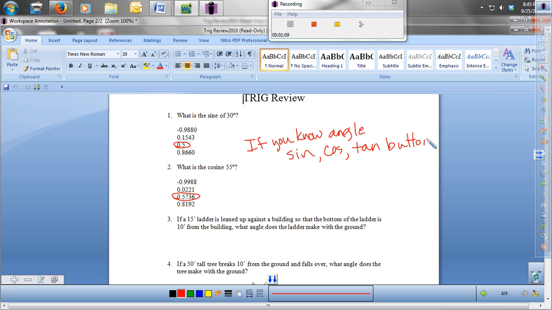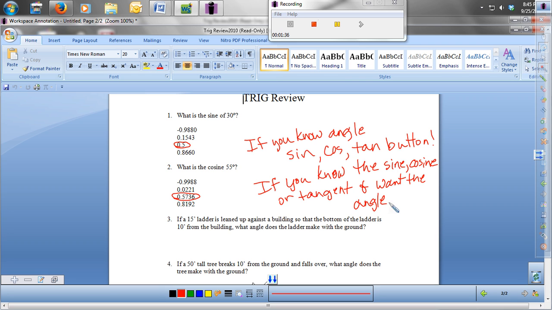If you, however, know the sine, cosine, or tangent, and you want the angle, then you need to use sine to the -1 button, or cosine to the -1, or tangent to the -1. Those are also called the inverse sine, the inverse cosine, and inverse tangent.